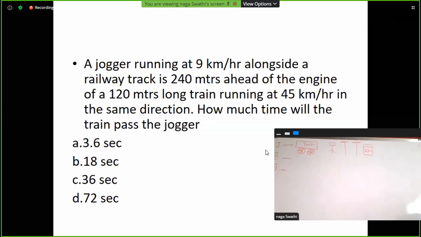Clear? So here the length is very less comparing to train length.